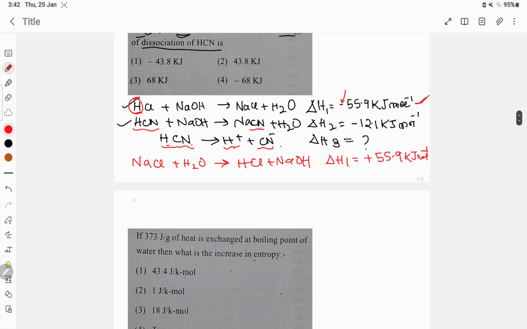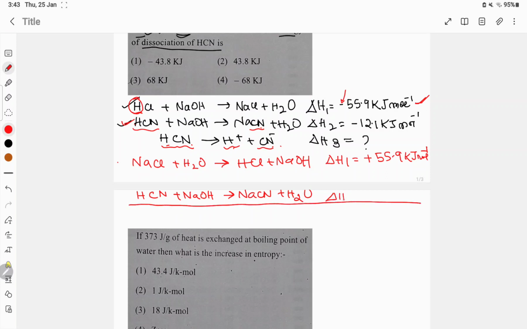Then after this, let's add this new equation to the second equation. So let me write here HCN plus NaOH gives NaCN plus H2O. Let me add these two equations. For this, delta H2 is equal to minus 12.1 kilojoule per mole. Let me cancel H2O, H2O, NaOH, NaOH.